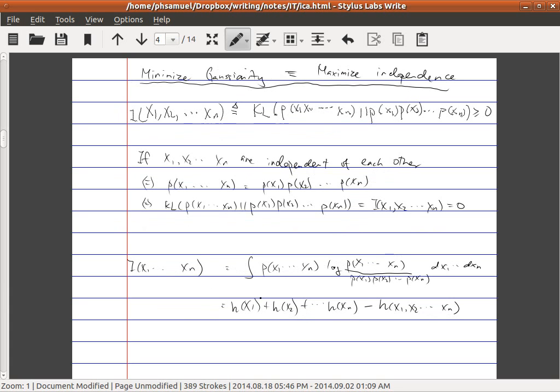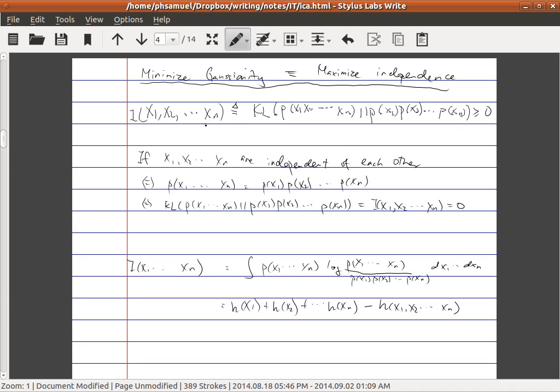Before I go to the FastICA algorithm, I just want to show that minimizing Gaussianity is really the same as maximizing independence. First, let's see the mutual information between random variables. Let's define this mutual information as the KL divergence between the joint distribution and the product of the marginal distributions.